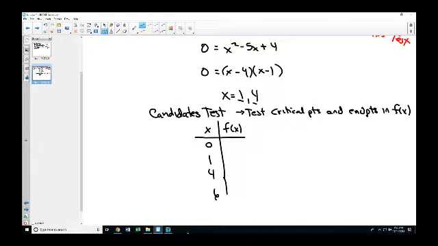Why do we test them in f? Anybody have an idea? These are the y values. It gives us the high and the low spots, a direct comparison. So what is f at 0?